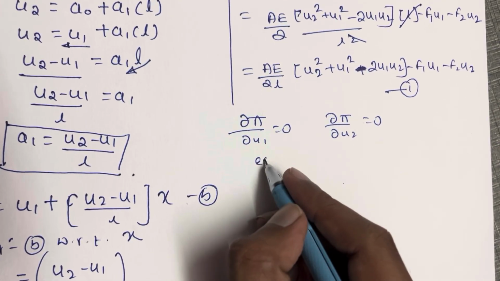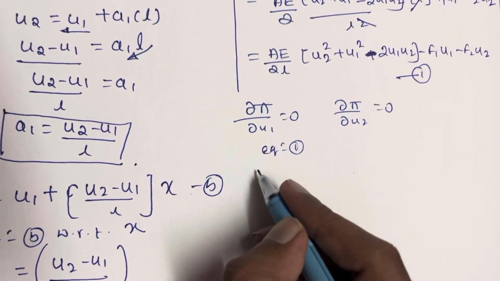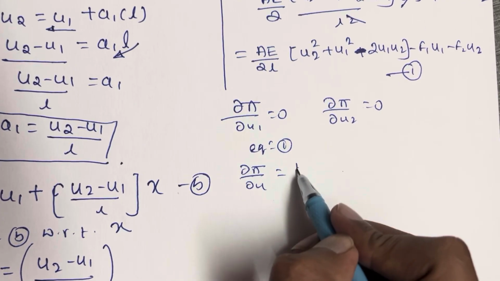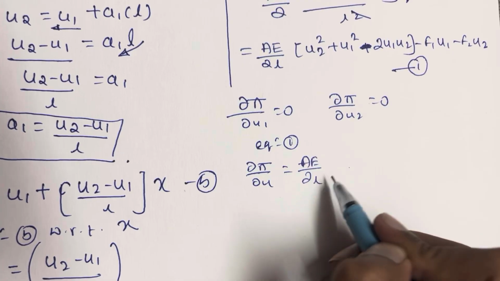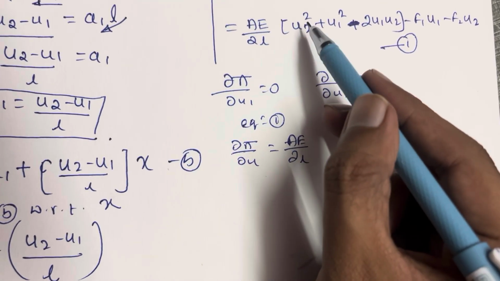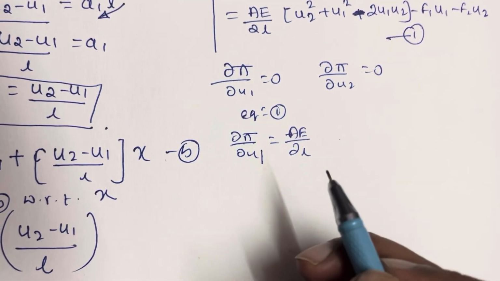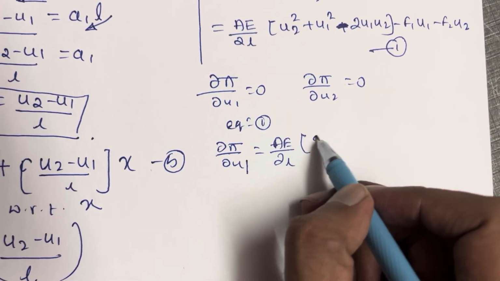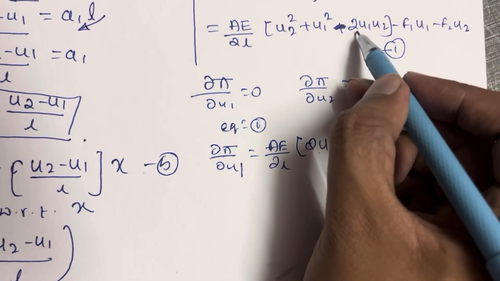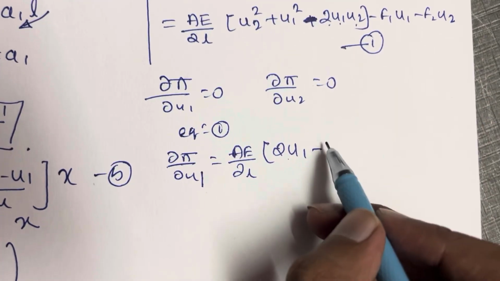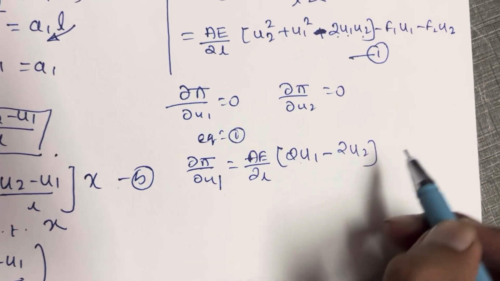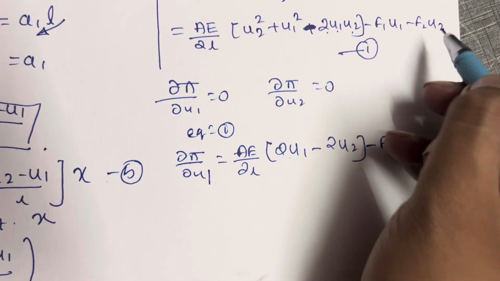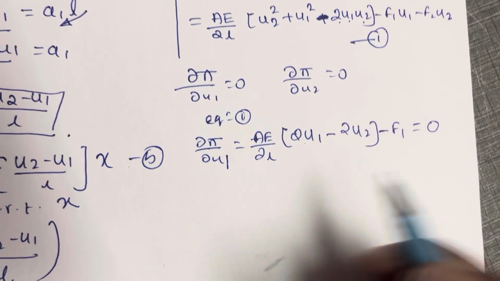Now in equation number 1, ∂Π by ∂u1. Here AE by 2L as it is. See here we have the u2 function, so we are differentiating with respect to u1, so it will be 0, and this will be 2 u1 minus, here we have 2 u1 u2, this will be minus 2 u2, and minus f1 as u1 becomes 1, and here we don't have that term, that will be 0, and that is equal to 0.